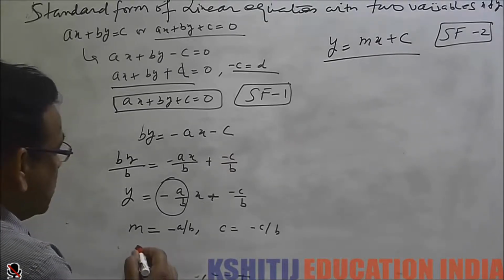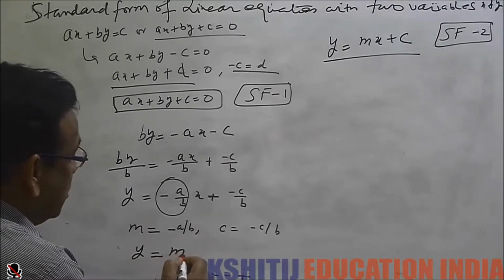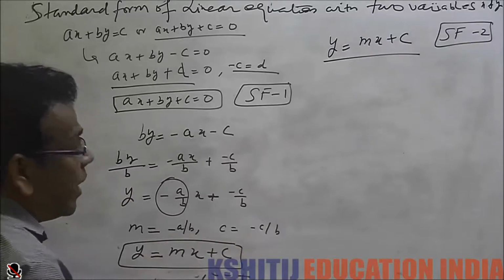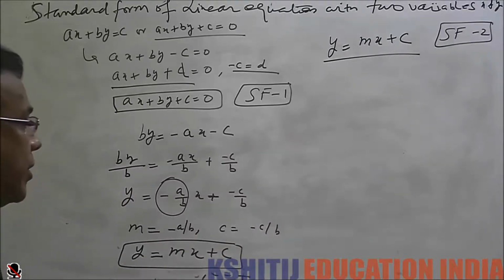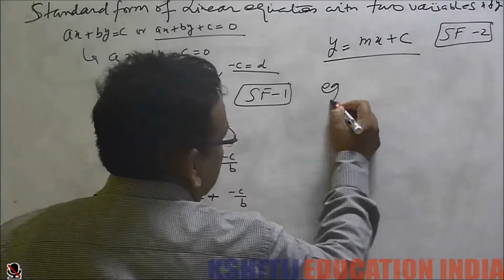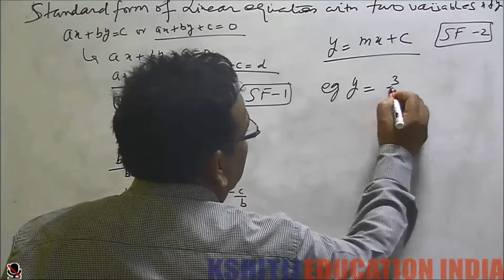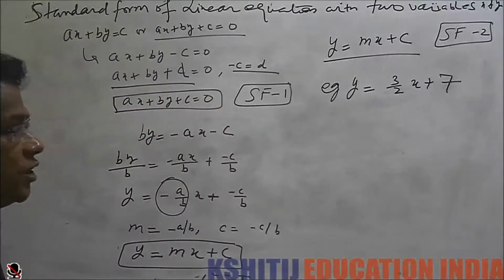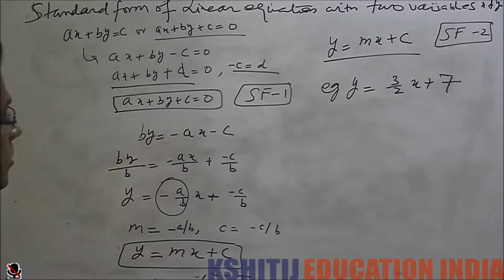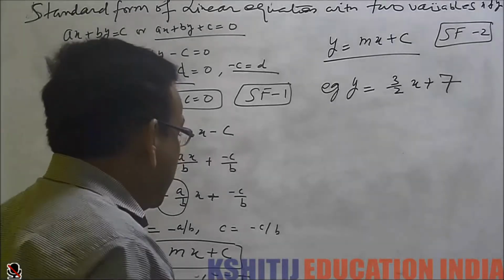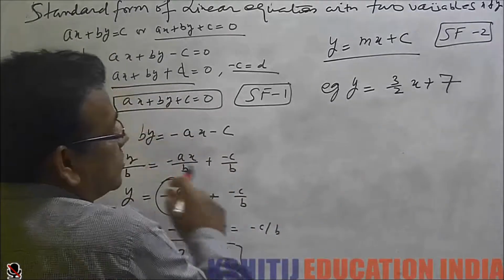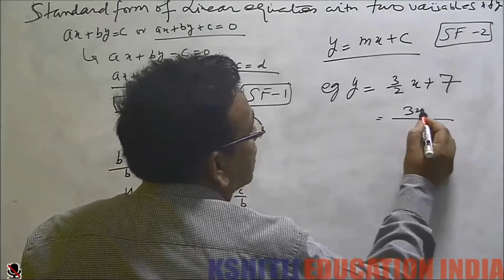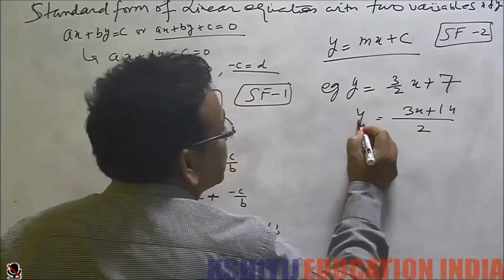Now this equation would change to this. For example, let's say y. This is also a linear equation with two unknowns x and y. This can be changed into this format. Just simply do the additions and take the LCM.